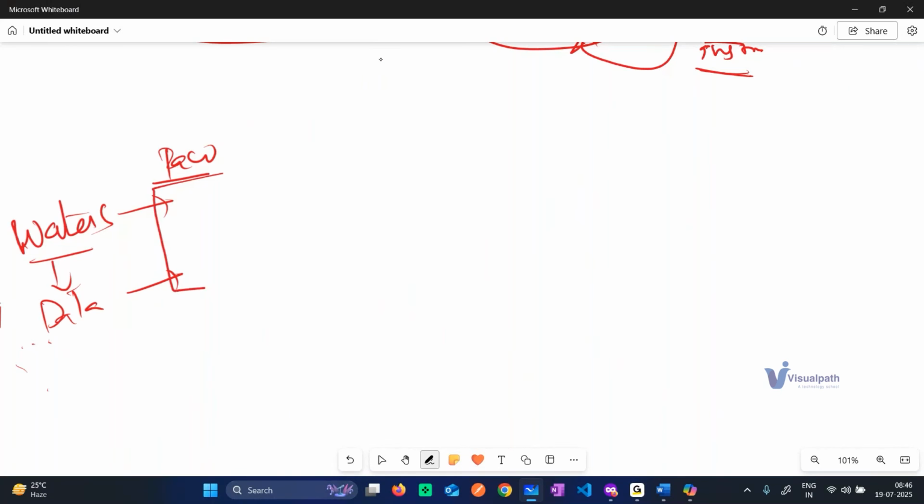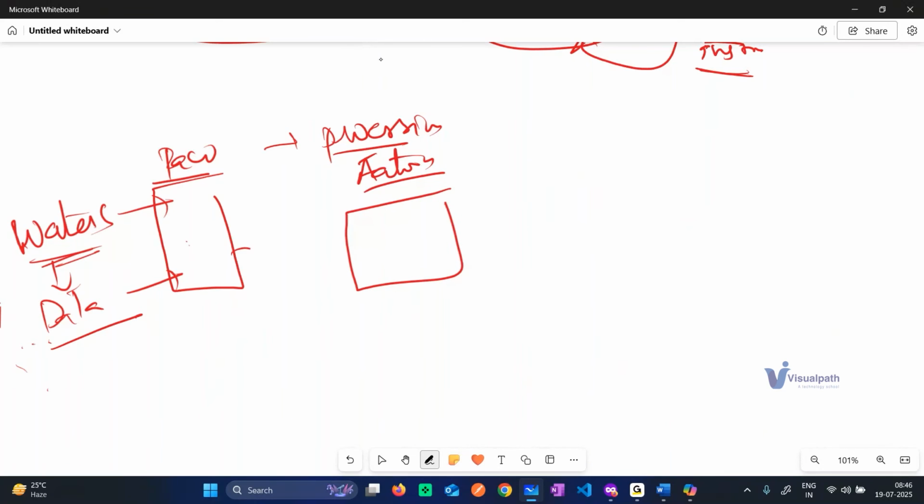So what you have done is process it at your factory. Raw water, so the data is also raw. You brought it to the factory and processed it. For this movement, who helped you? The factory, Data Factory, helped you process this.